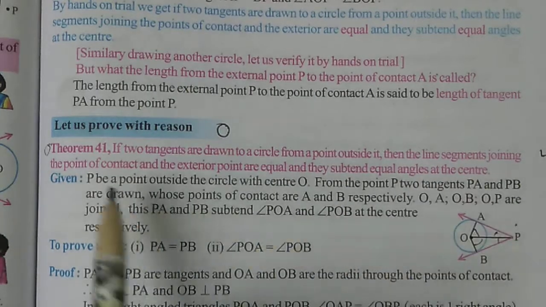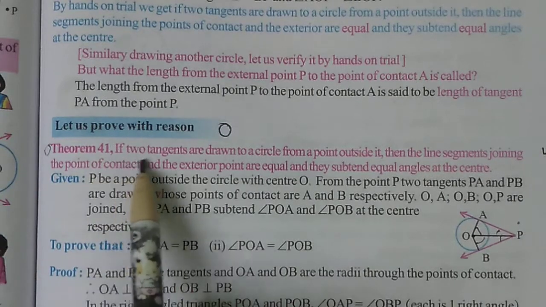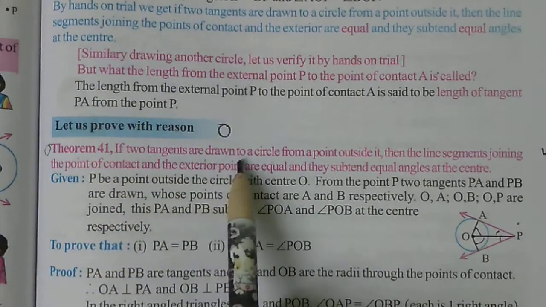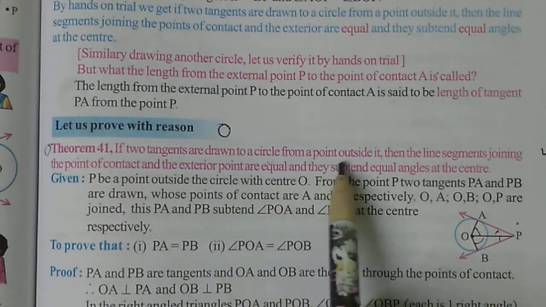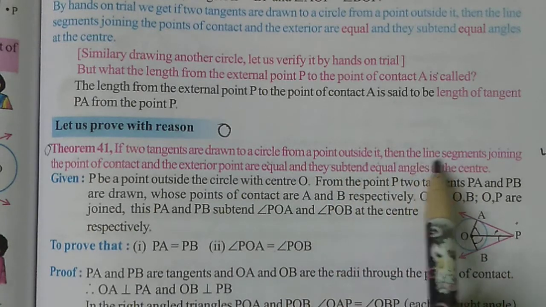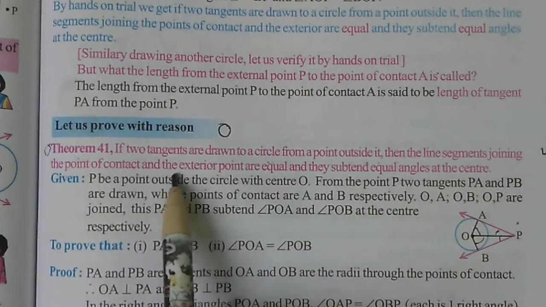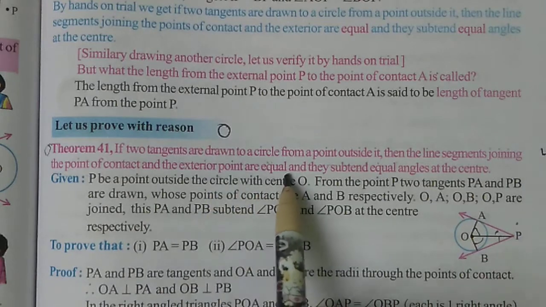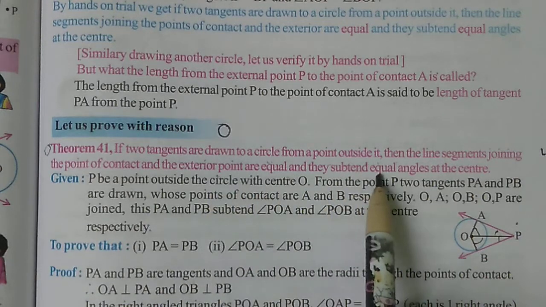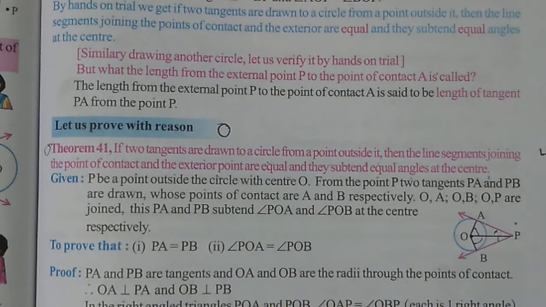For this, we recall theorem 41. If two tangents are drawn to a circle from a point outside it, then the line segments joining the point of contact to the external point are equal, and they subtend equal angles at the center.